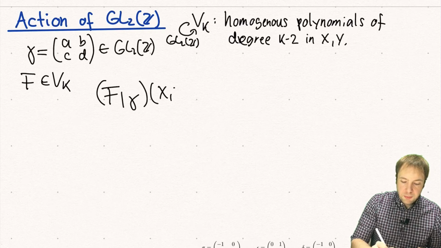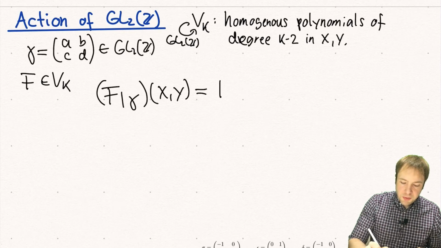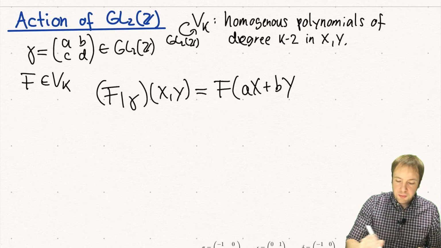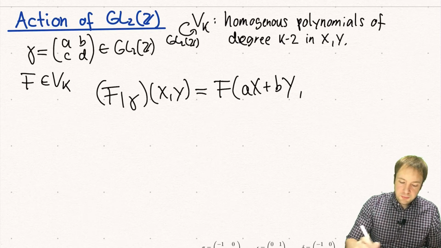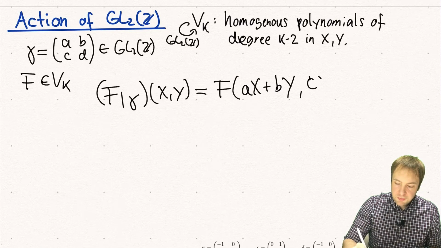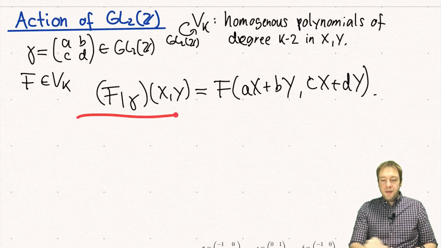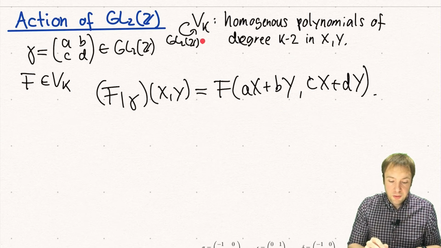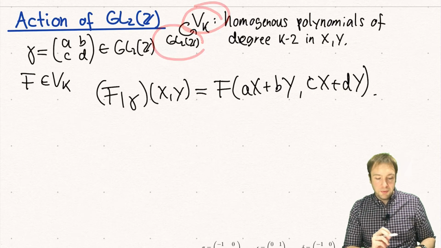This is again a polynomial, and it will be defined by making this change of variables: ax plus by in the first variable and cx plus dy in the second. And then by this definition you can check that this gives a right action of GL2Z on the space of polynomials.